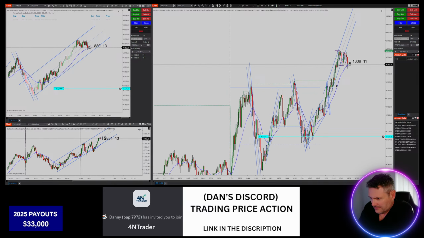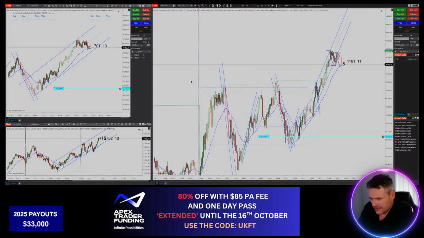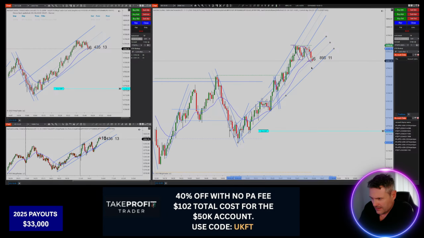We could come back and test this area here, and that may, well, it's a little bit higher, may get us into something slightly bigger. It's a bit too early.